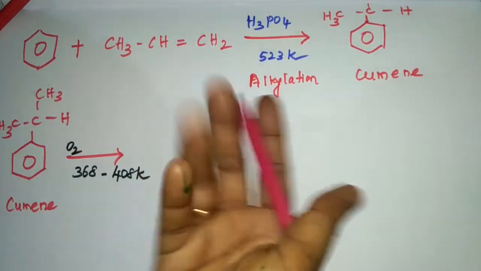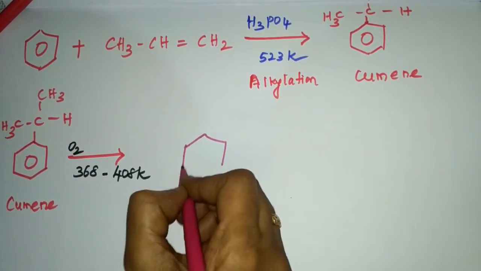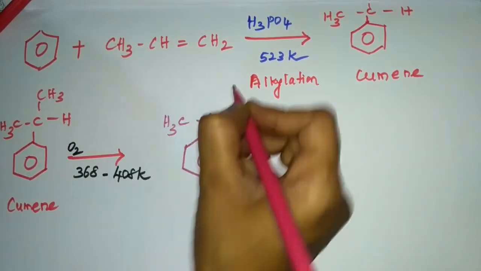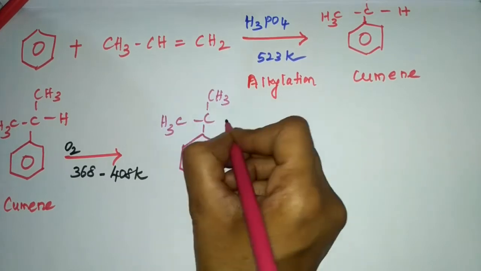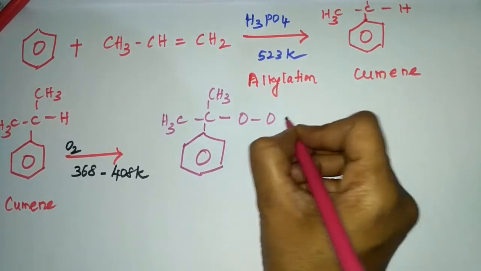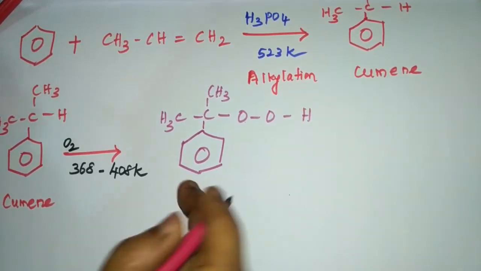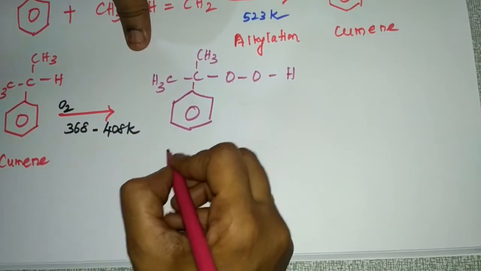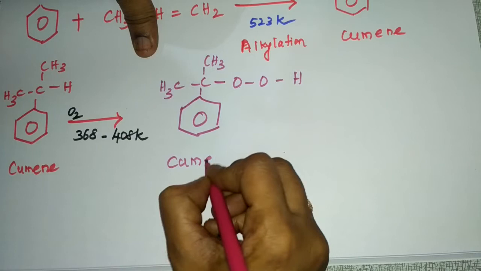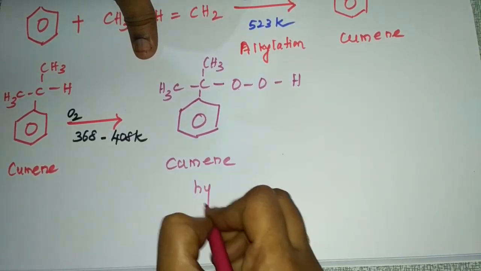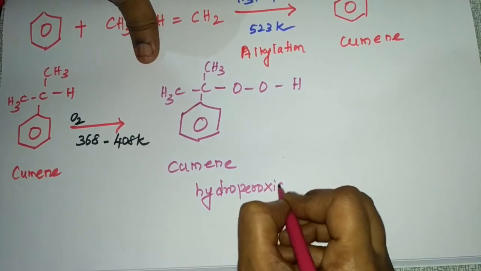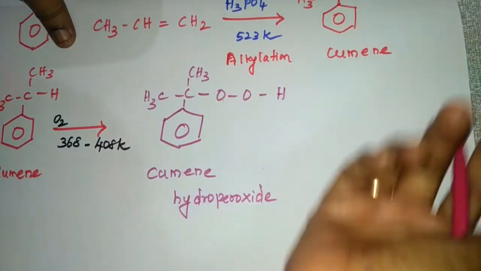Oxygen is added to this. So the product will be CH3, CH3, and here the OOH. What is this one? Cumene hydroperoxide. So oxidation takes place.